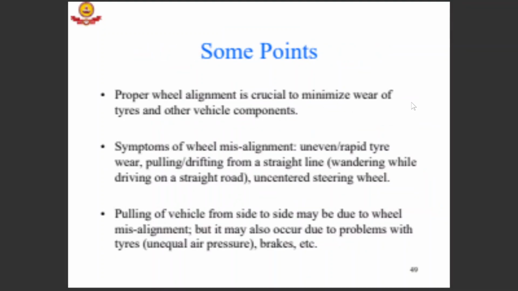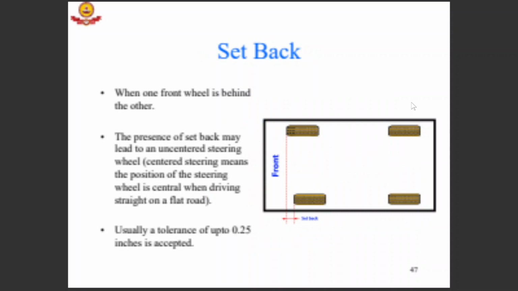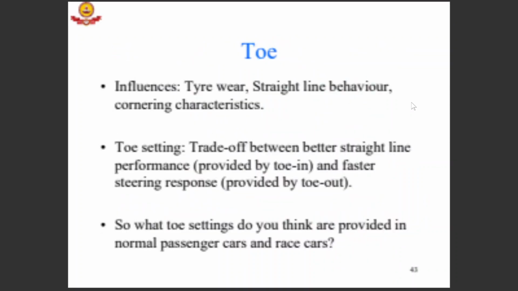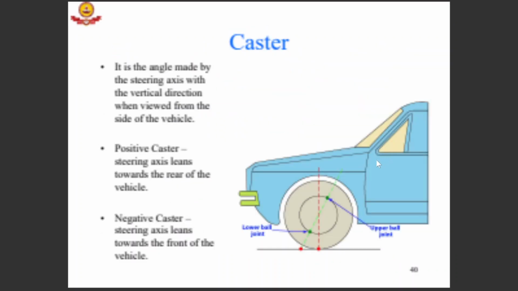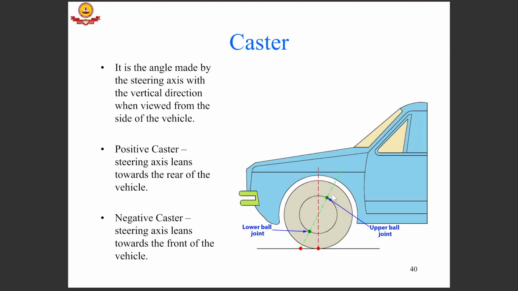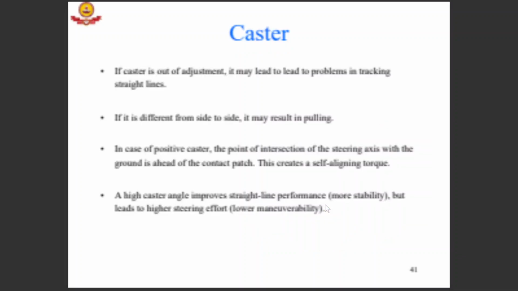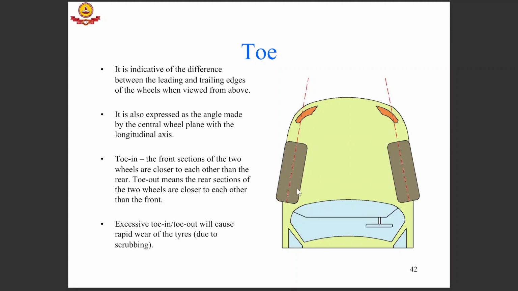See, caster is something which you observe from the side. Let me come to the slide. And toe is something which you observe from the top. The caster angle is this particular angle as shown here between the red and the green line, whereas toe is observed from the top and it's this way.